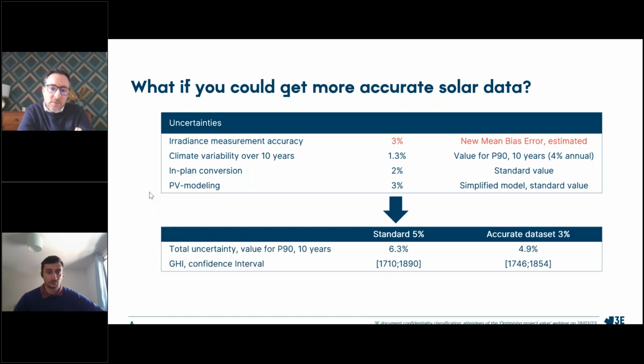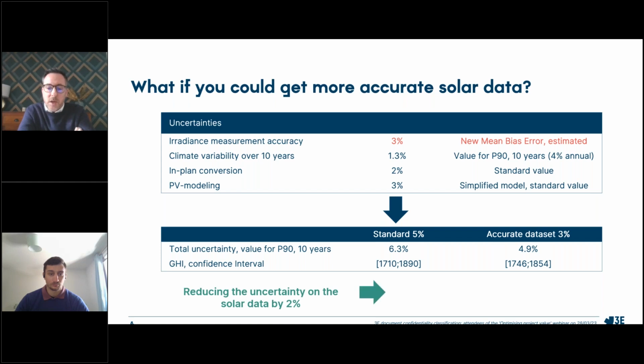So now, you pass from 5% to 3%, meaning you identify a decrease of the error of about 2% on your data sets. If you consider the same formula, with the standard value of 5%, you get 6.3%. Now, with this new 3% value for the more accurate data, you decrease the overall uncertainty to 4.9%, meaning you decrease the overall uncertainty by 1.4%.